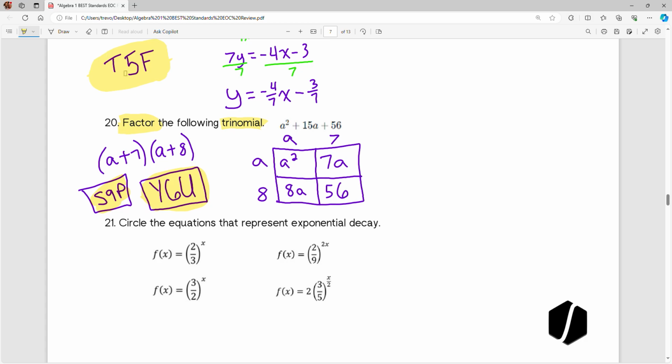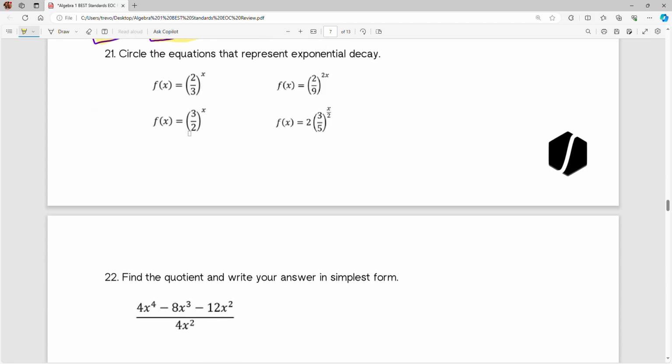And now for the last question on this page, number 21, circle the equations that represent exponential decay. And when you're looking at your reference sheet, you have 2 forms of exponential functions.